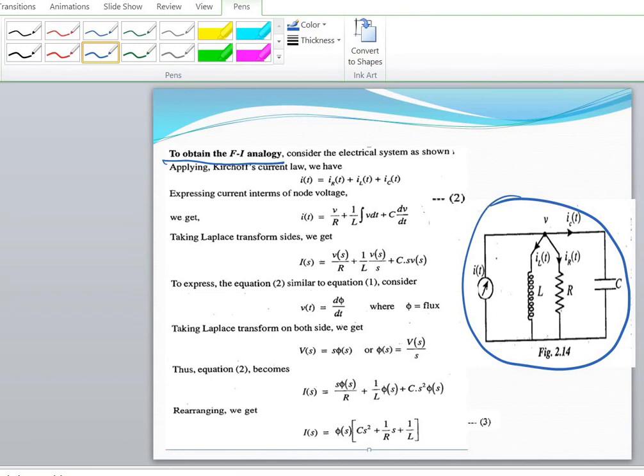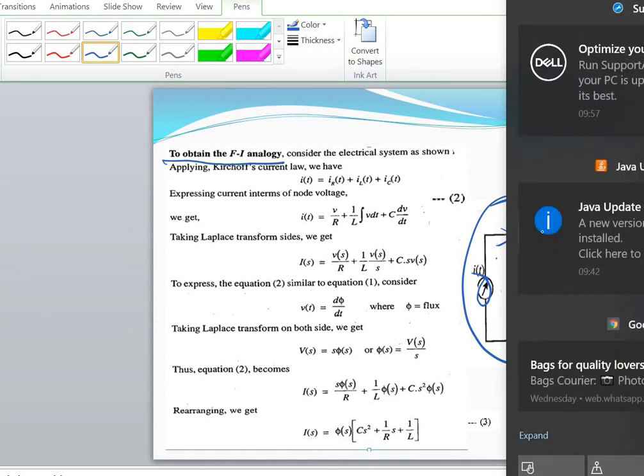I of t, the current, is the input. It flows through the circuit and the voltage is V between this node. This current will get split into the inductor circuit, resistance circuit and capacitance circuit.